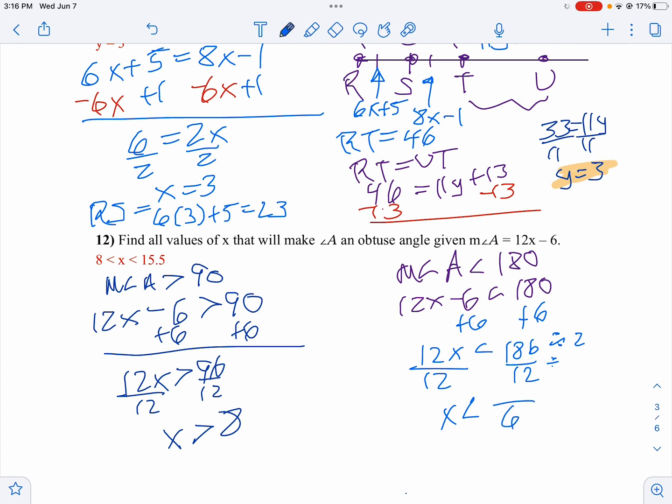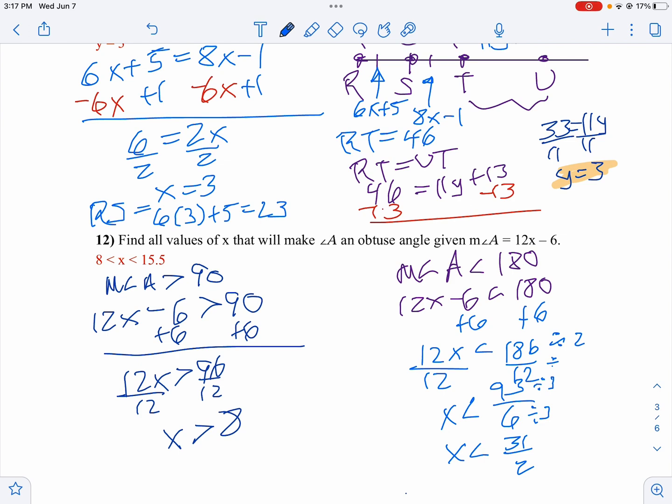Oh, I could have divided by 6, couldn't I have? So I divide by 3 again. 6 divided by 3 is 2. How about 31? Sorry about that. 93 divided by 3 is 31. So 31 divided by 2. And that's why the answer says 15.5.